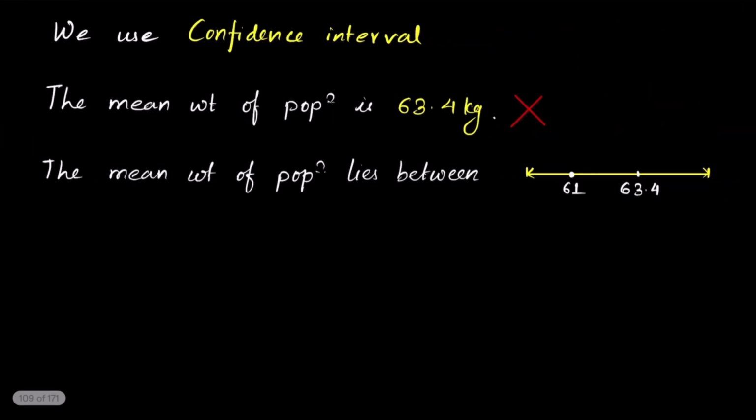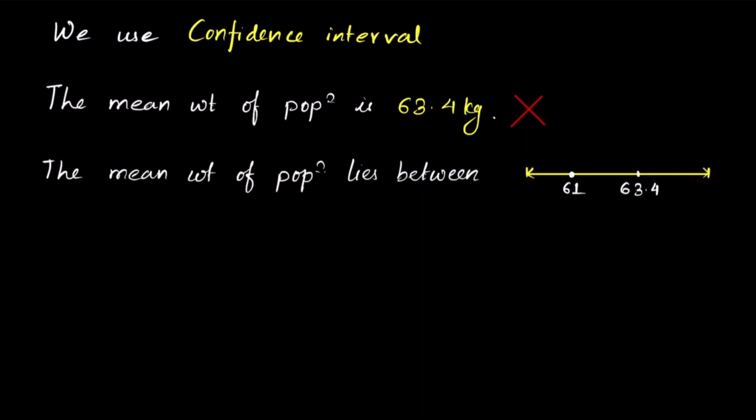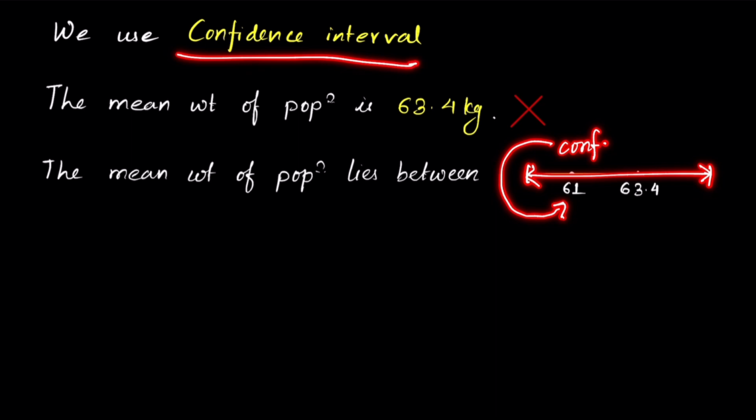So what the surveyor does instead is use an interval, and he simply says that the mean weight of the population, which is the parameter, probably lies within this particular interval. How this interval is calculated, I'm going to tell you later. This interval, which provides a confidence for the existence of the parameter, is what we call a confidence interval.